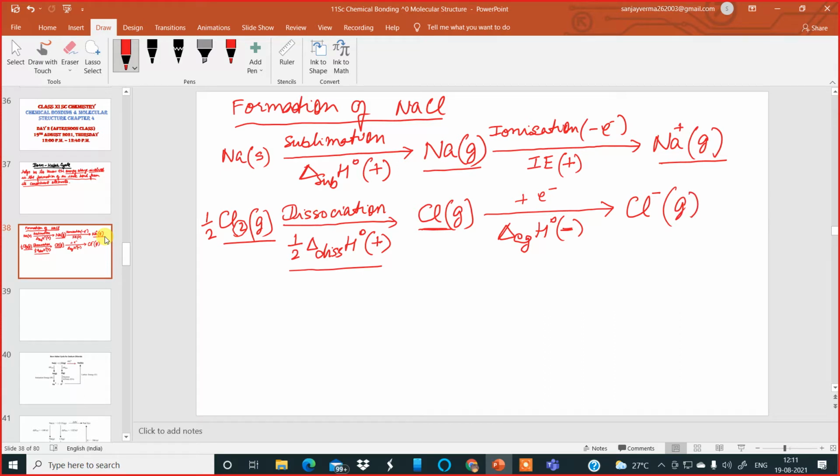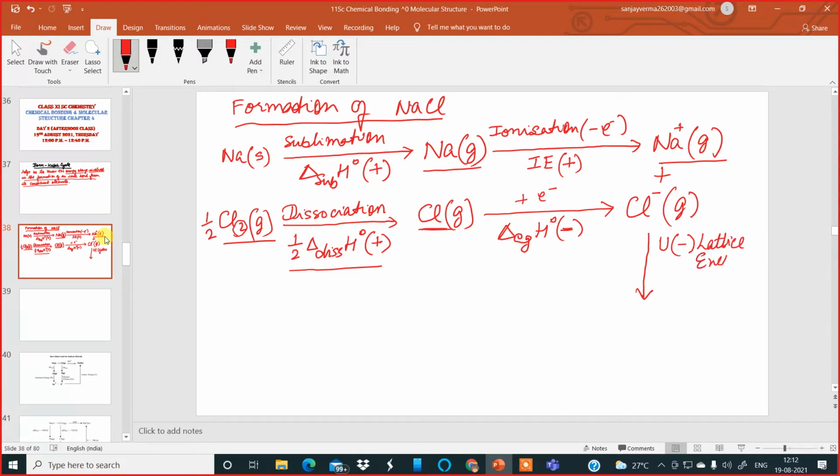Now this Na plus and this Cl minus will combine to form 1 mole of sodium chloride crystal. So that is the lattice energy which is given out. U stands for lattice energy.